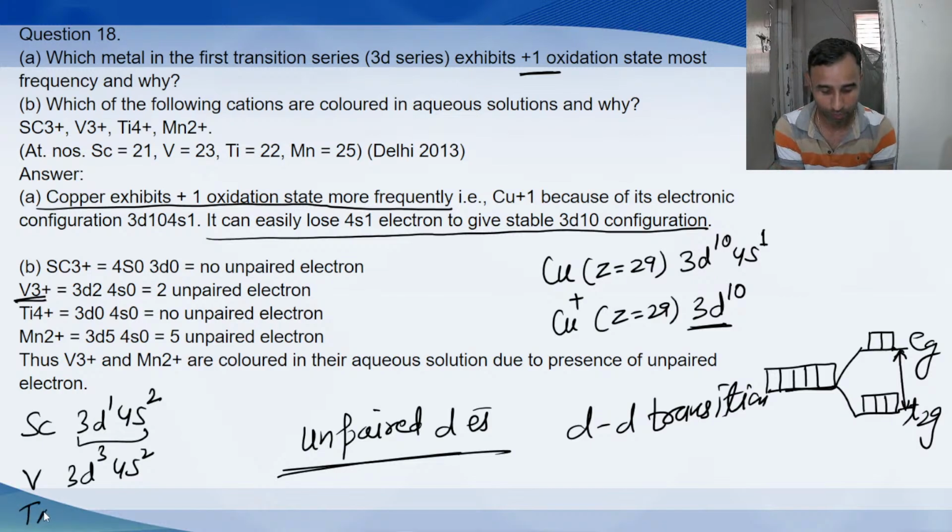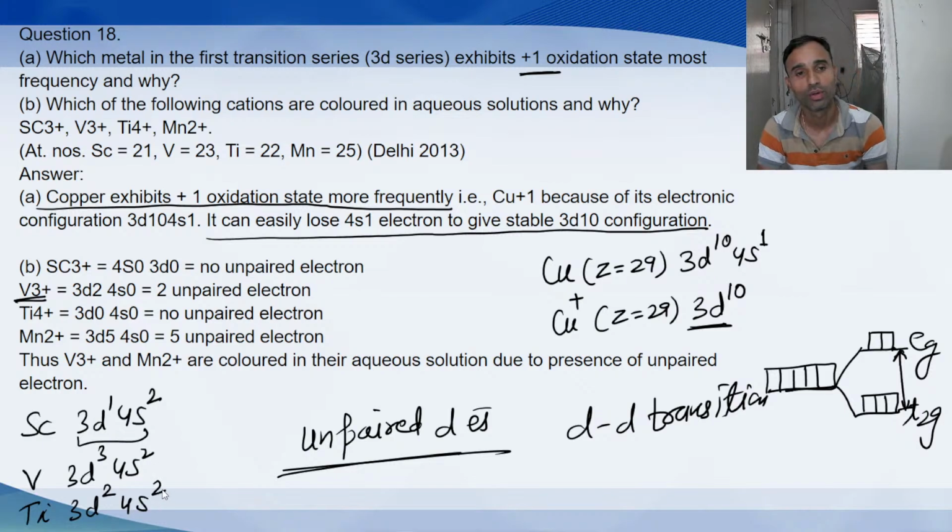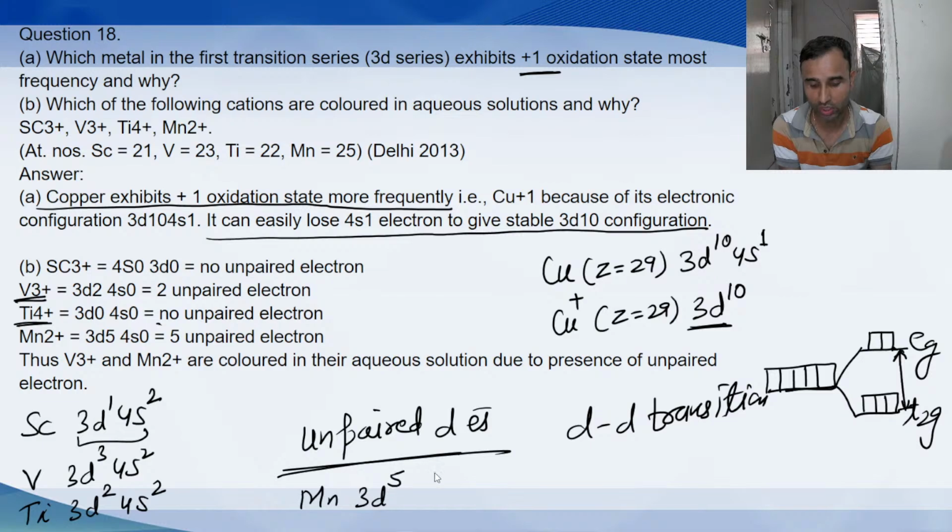Titanium, it is 22, 3d2 4s2. So titanium 4 plus, no unpaired electron. Mn, manganese is 3d5 4s2. Mn2 plus is 3d5, so it has 5 unpaired electrons.